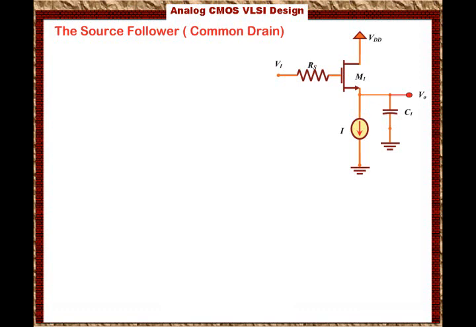Now the transistor is biased using a current source called I, and the load we have is the output capacitance called CL. CL is large in value because this kind of amplifier usually physically is connected at the output stage of the amplifier. That means the load capacitance is large because it is the output capacitance.